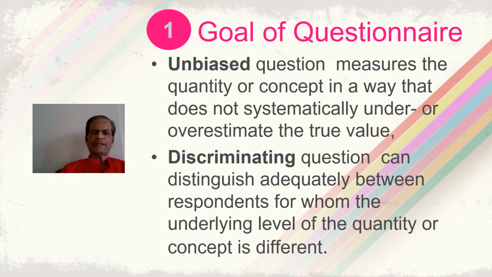If, on the contrary, the questionnaire is such that all students get equal marks and it is not discriminating between a good and an average student, then this goal is not achieved by the questionnaire.